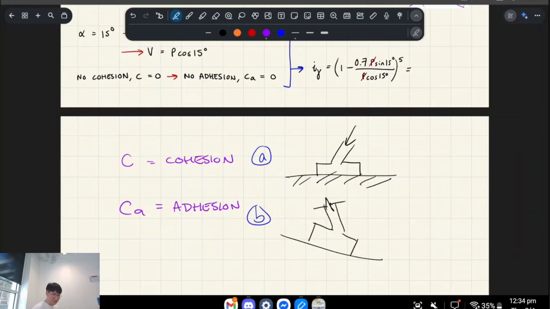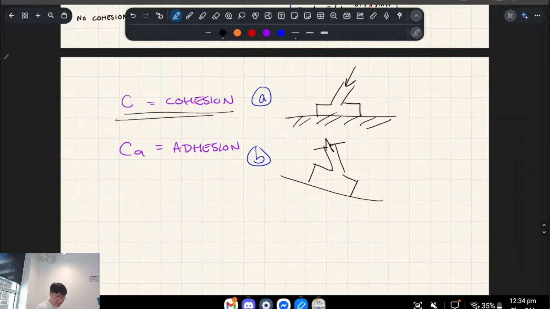Yeah, you're right. So you'll see this pop up in the piles topic a little bit, right? Cohesion is basically the material property where a material is able to stick to itself. Okay, and then adhesion is like what you said. It's ability to stick to something else. So for example, a clay has a certain adhesive property in which it can stick to concrete, right? For example, so that's two different materials, right?